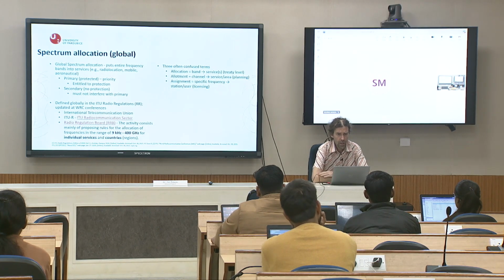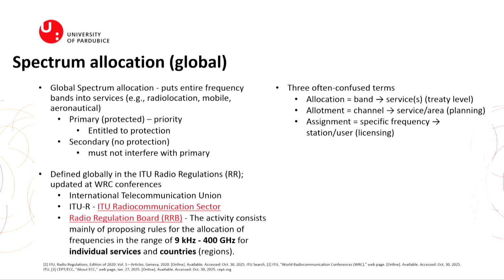This global spectrum allocation puts entire frequency bands from, I think, 3 kilohertz up to 300 gigahertz. Of course, on the upper side there are almost no services. Why? Because these are such huge frequencies that until yet we don't have so many devices working in this high frequency range.